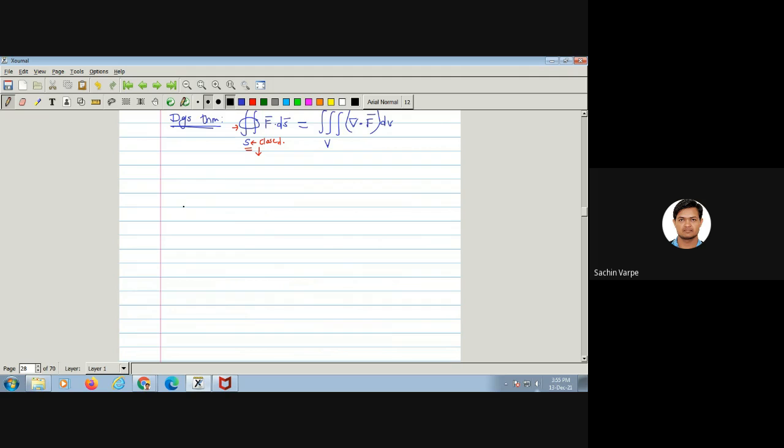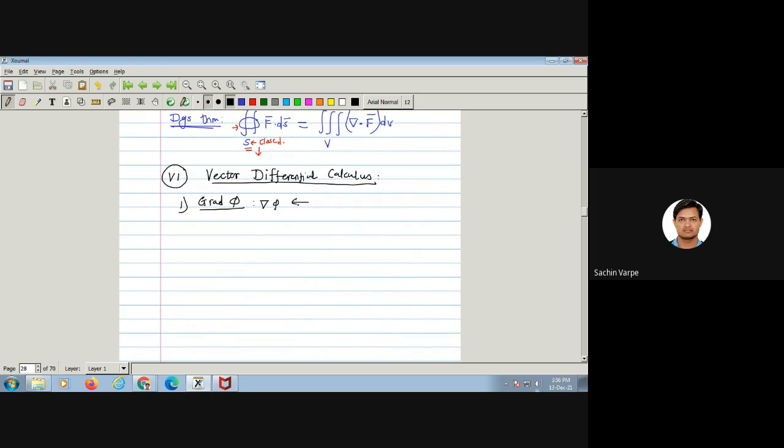Then from unit number 4, that is vector differential calculus, one more important point we have discussed is Maxwell's equations as an application of vector differential and integral calculus. In vector differential calculus, mainly the important points we have discussed are the gradient of phi, grad phi, which is nothing but del phi, right?